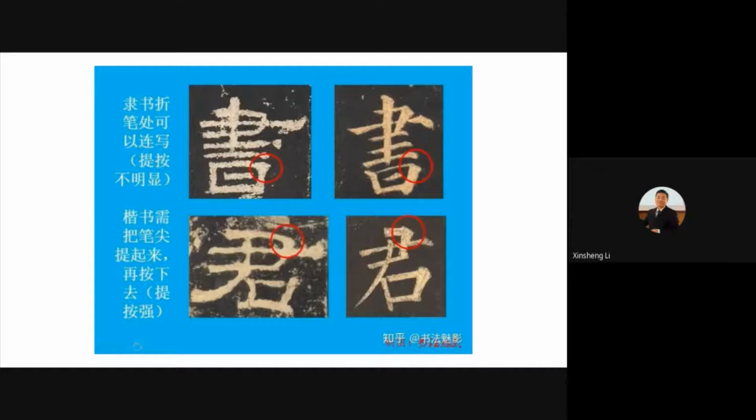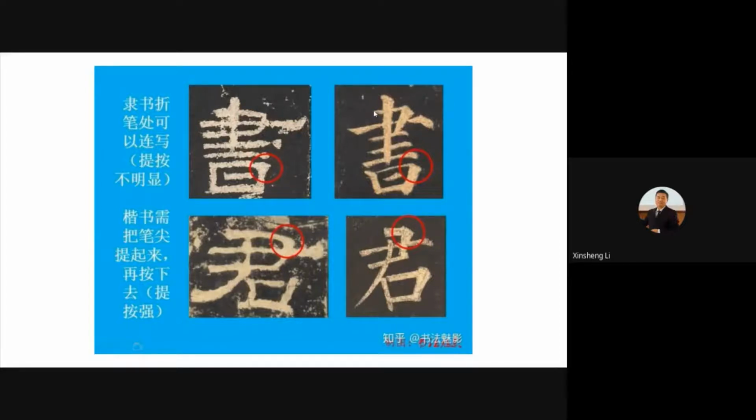When we write this style, we have to keep our brush upright, so we can use the center tip stroke. But in regular style, of course, the main technique is still the center tip stroke, but the side tip stroke was added during the writing process.